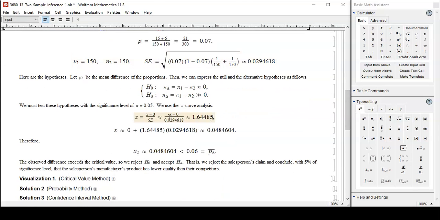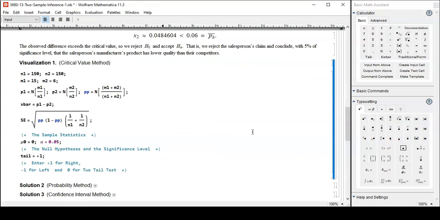So, end minus center over SE turns out to be the z-score associated to 5%, 1.65, so you can find out the critical value. And I think it's better with a picture.